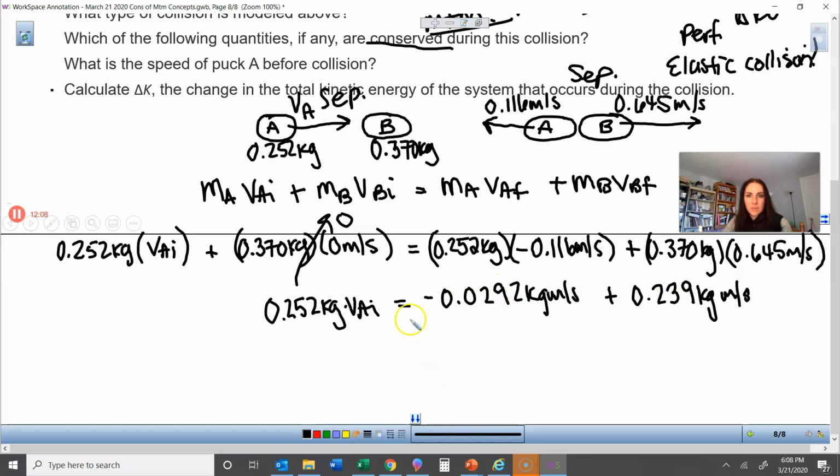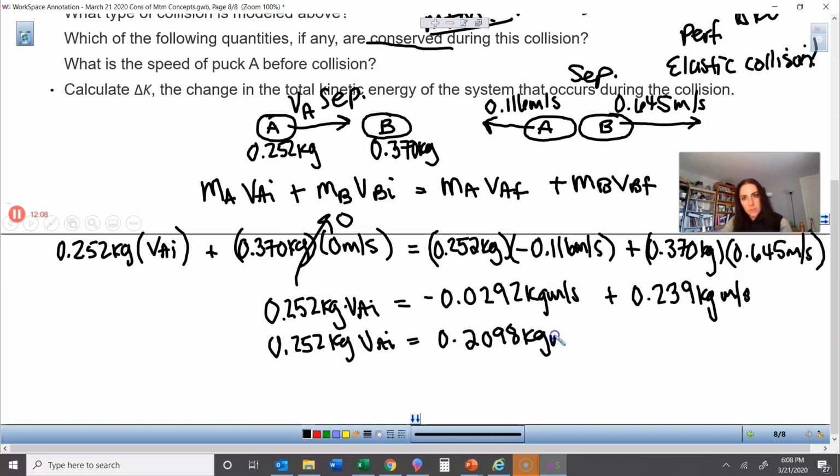Okay, so now I'm going to combine those numbers. 0.239 minus 0.0292 is 0.2098.